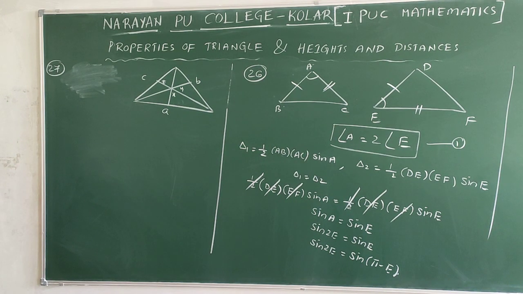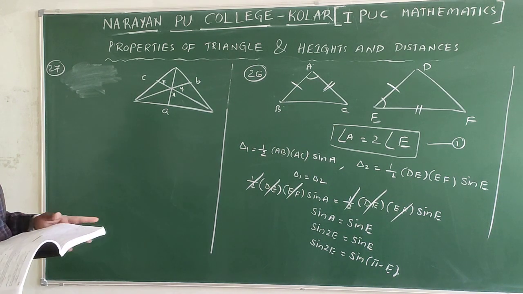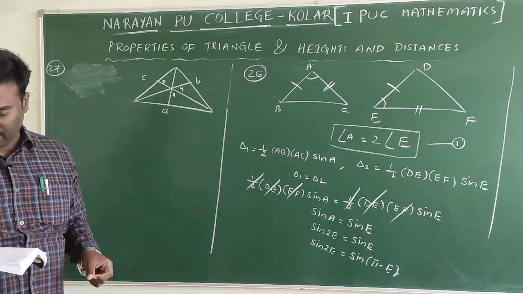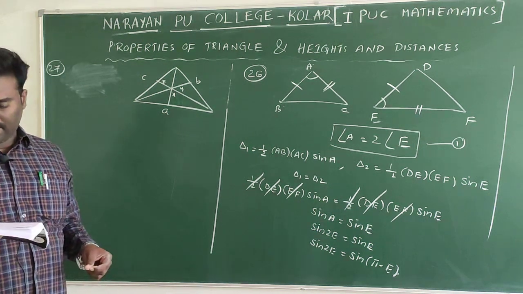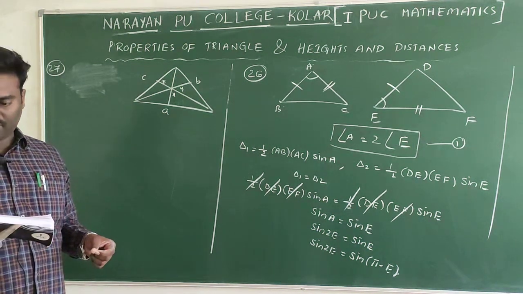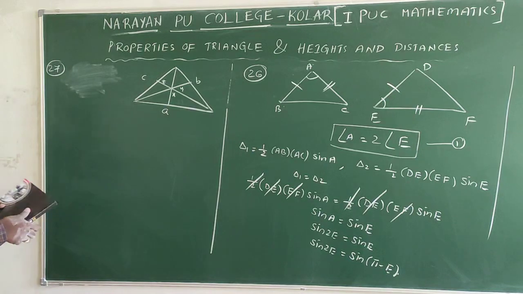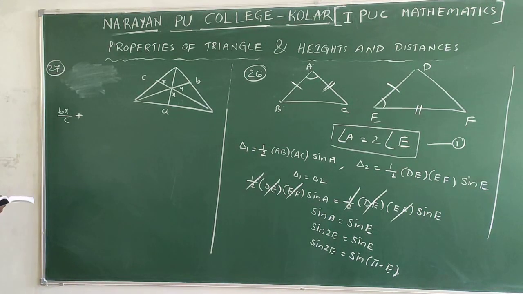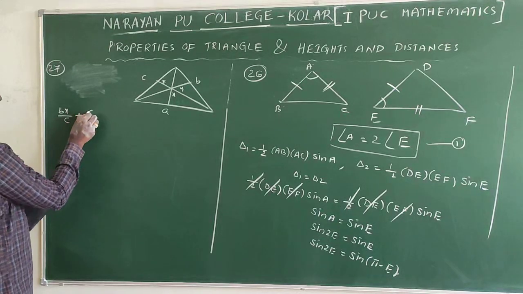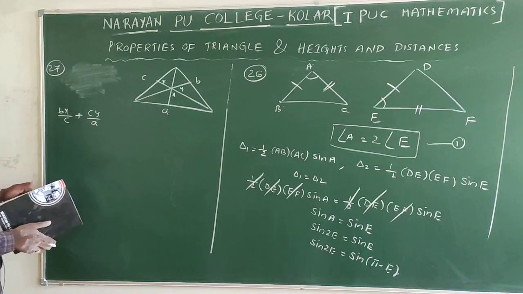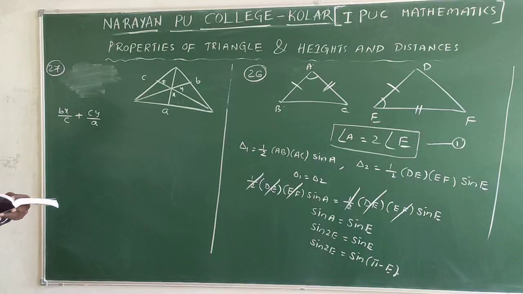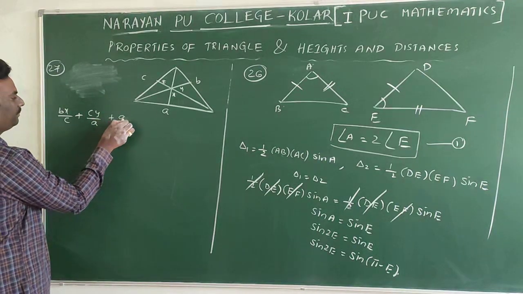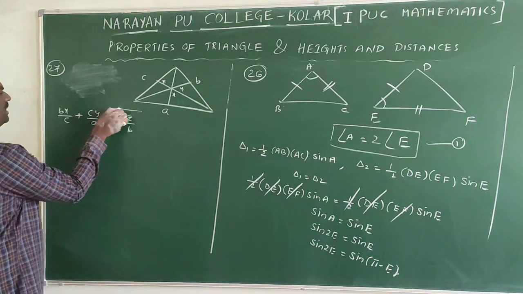So x, y, z are perpendiculars drawn on the sides small a, small b, small c. Then we need to find the value of bx by c plus cy by a plus az by b.